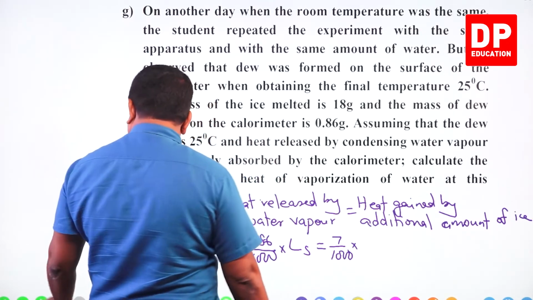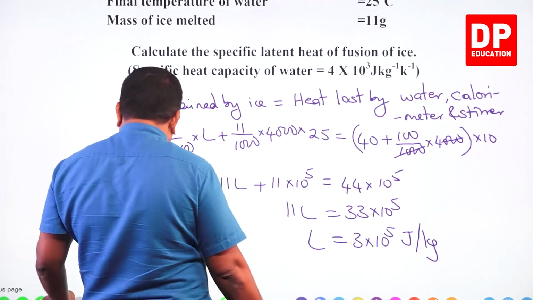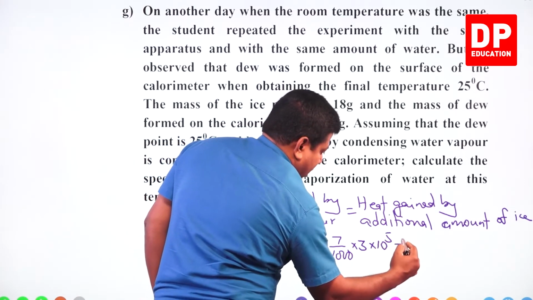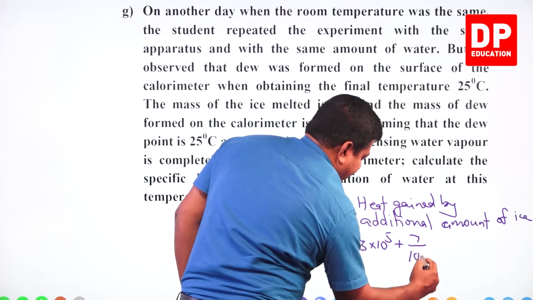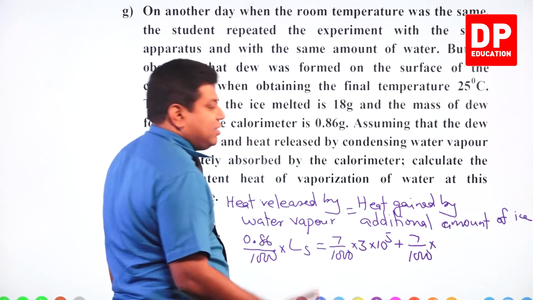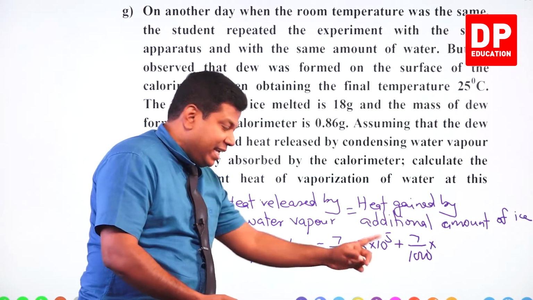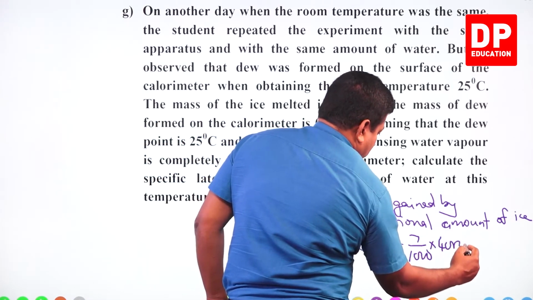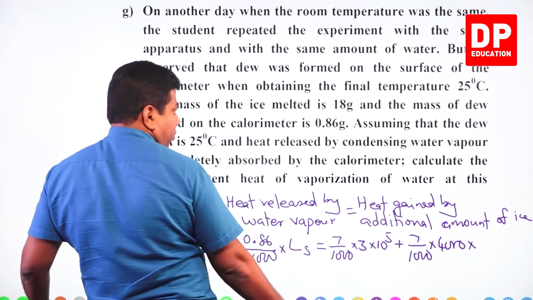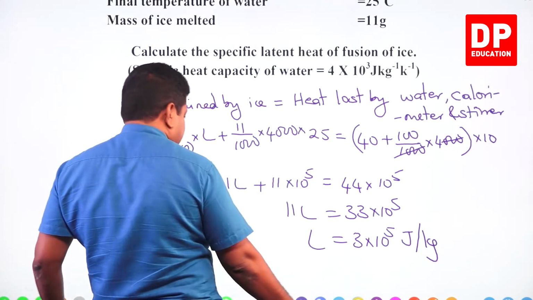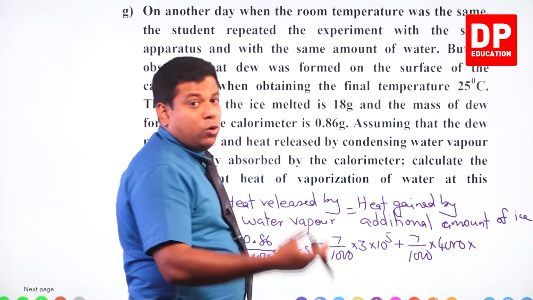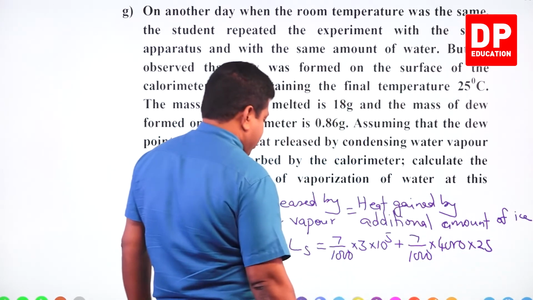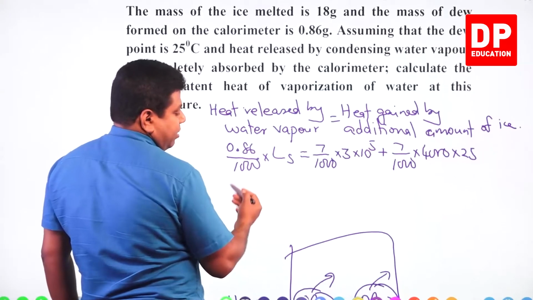L we just calculated, it was 3 into 10 to the power 5, plus that 7 gram has to increase its temperature. Now it has become water. After melting it's water, 4,000 is what they have given. Don't use the values you know. They have given 4,000 here. 4,000 into, from 0 it goes to 25. We need to solve this and get the answer.